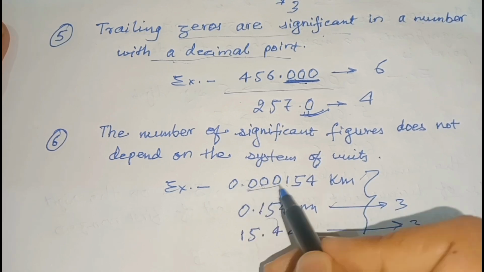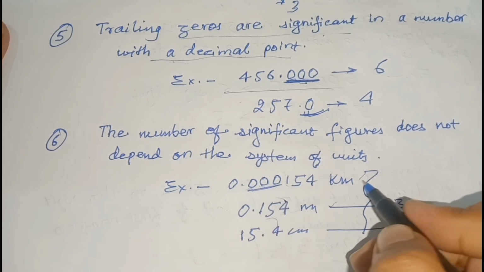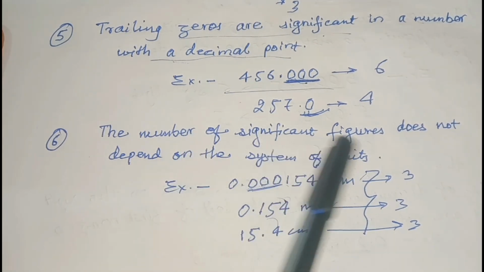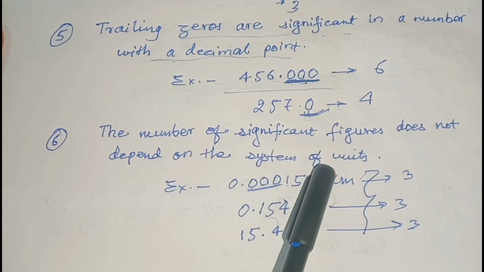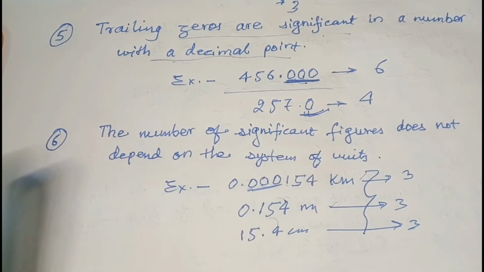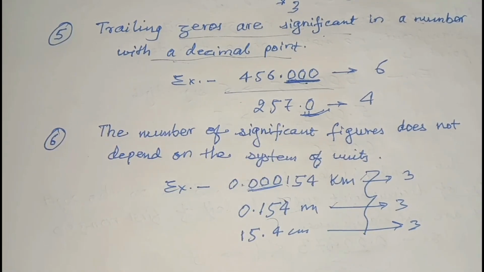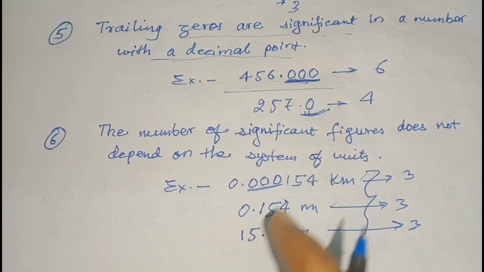So these three will not be significant, and this also has three significant figures. So rule 6 says that the number of significant figures does not depend upon the system of units. It is independent of the system of units. Although there is some ambiguity in significant figures, this will be extended in the next video.